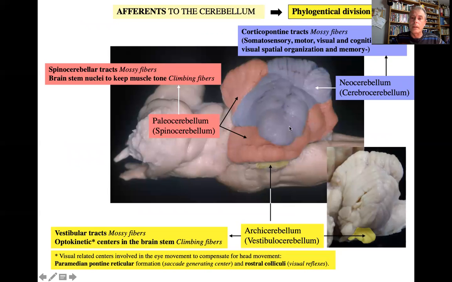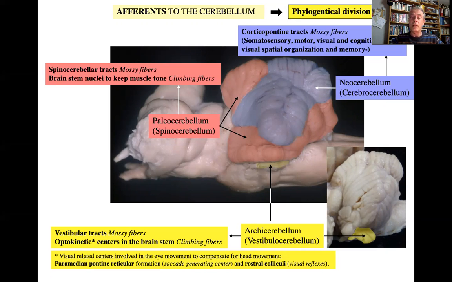So, in the case of the spinocerebellum or paleocerebellum, it receives mossy fibers from the spinocerebellar tracts and climbing fibers from brainstem nuclei that are involved in keeping the muscle tone. So it's very simple, right? Just to keep steady and keep fight against gravity.